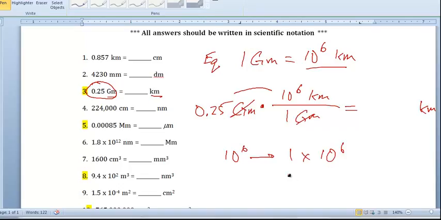All right, and so if those of you who have EE buttons, so that's going to be 1 EE6. Simple as that. Okay, and when you do that, you should get 2.5 times 10 to the fifth kilometer. Okay, there you go.